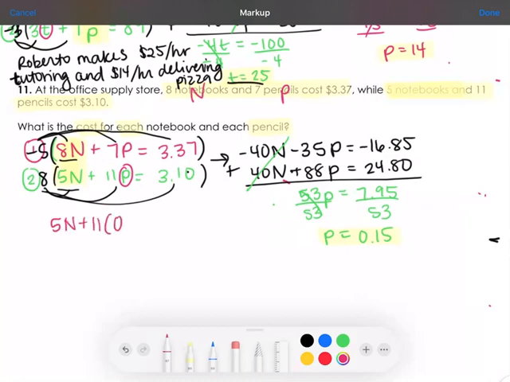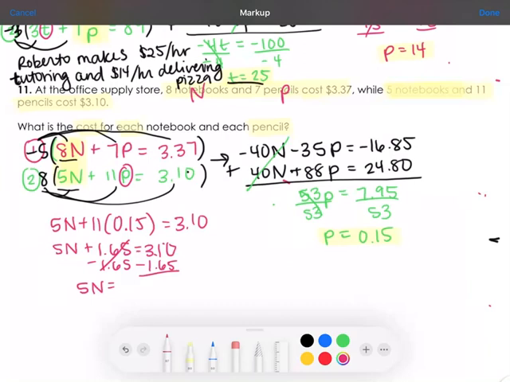So I have 5N plus 11 times 0.15 equals 310. And I'm going to multiply 11 times 0.15, and I get 5N plus 1.65 equals 310. Whoops. I'm going to subtract 1.65 from both sides.